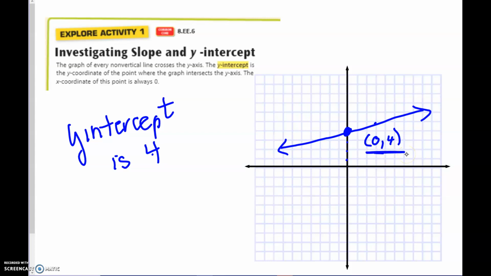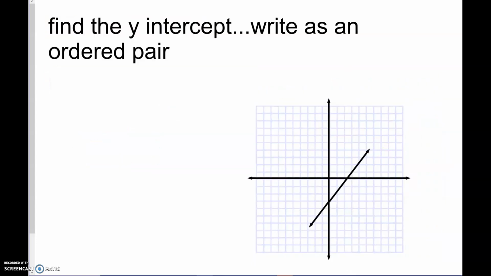Look at this last sentence here. It says the x-coordinate of this point is always 0. Whenever we write ordered pairs, remember it's x, comma, y. So this x-coordinate is 0. Here we have another line crossing the y-axis.